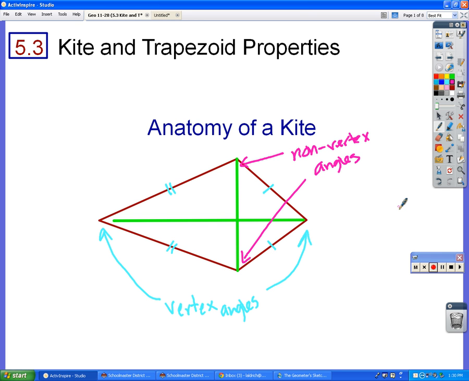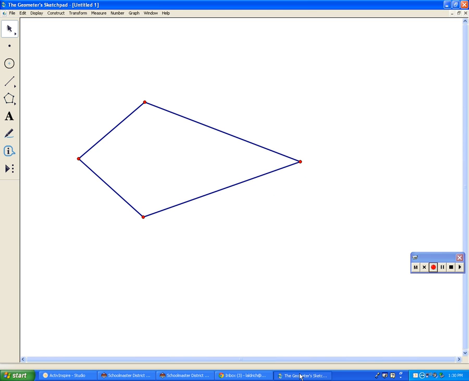All right, so we are going to discover today, I believe, 4 properties related to both kites, the vertex angles, the non-vertex angles, and their diagonals. And so what I have here on the board is a kite, and I am going to draw in those diagonals.